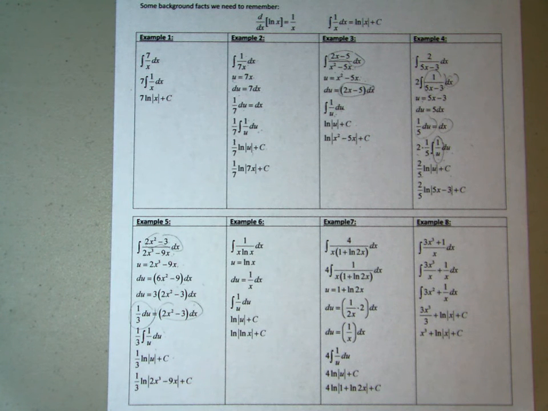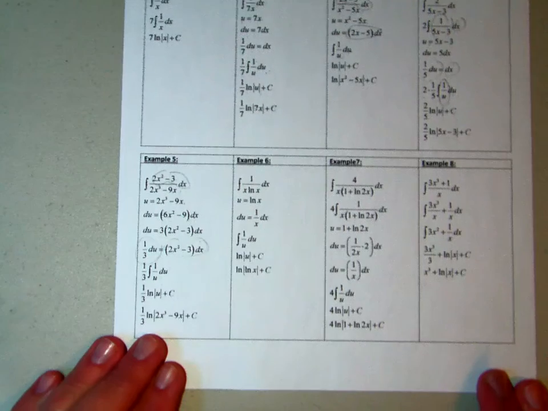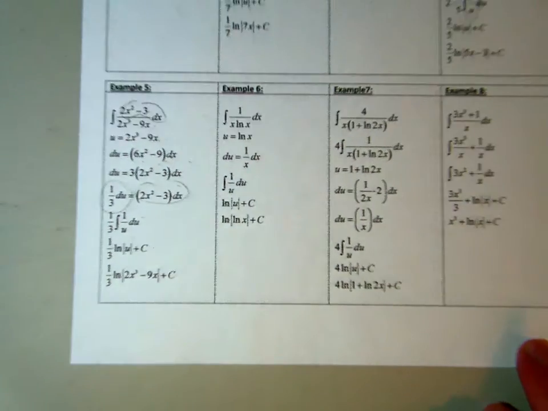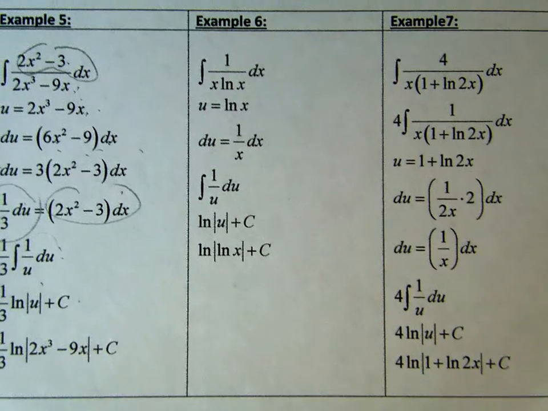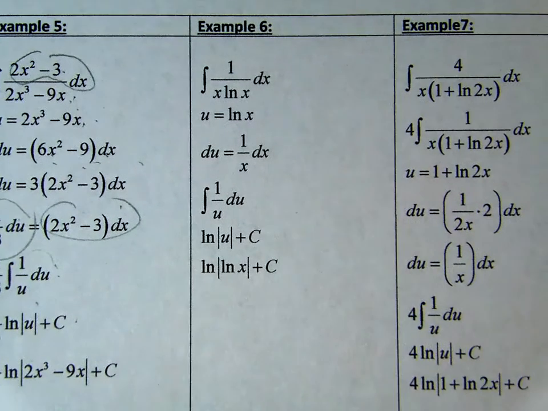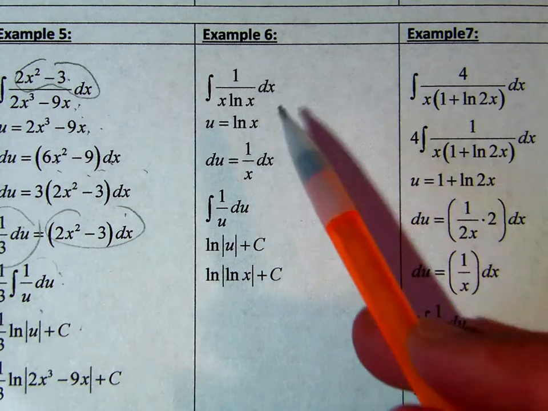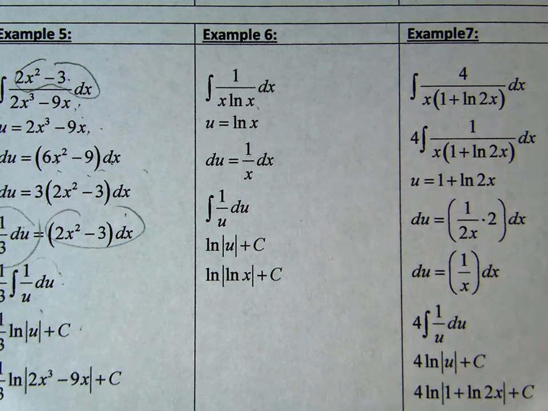All right, some other things that can happen. Let me zoom back in here on number 6 a little bit. Now, if we just let u be the bottom of the fraction as is, when we find du dx, we'd end up having to do a product rule, and it would get rather messy and wouldn't really lead anywhere.